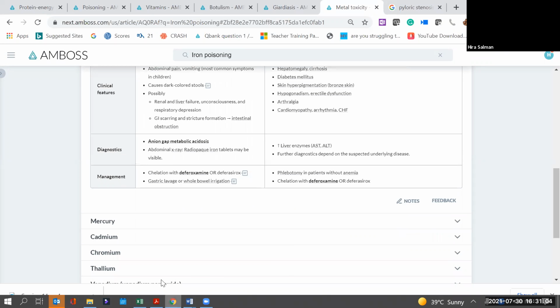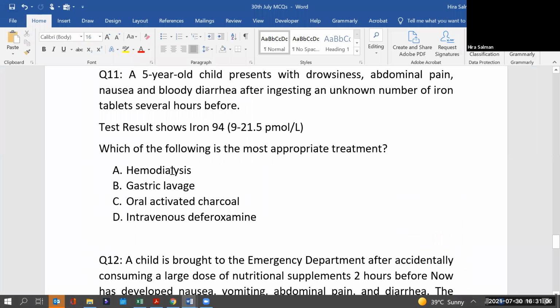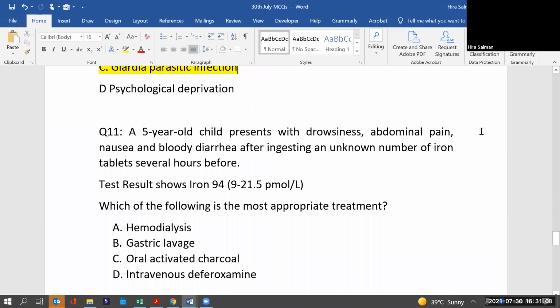So looking at the questions. Here it says a 5-year-old child presents with drowsiness, abdominal pain, nausea, bloody diarrhea after ingesting an unknown number of iron tablets. So it's clearly mentioned unknown number, but they are iron tablets. The parent didn't know whether he has taken the whole bottle or half of the bottle, but he has taken some iron.